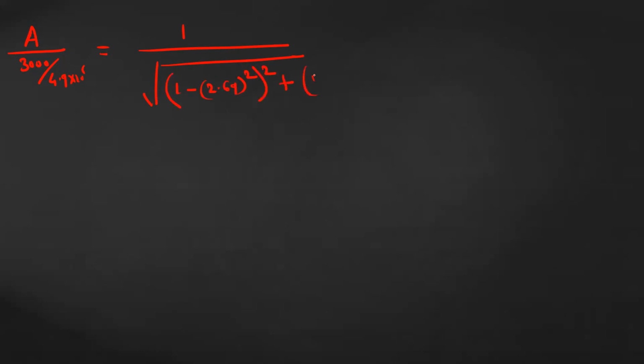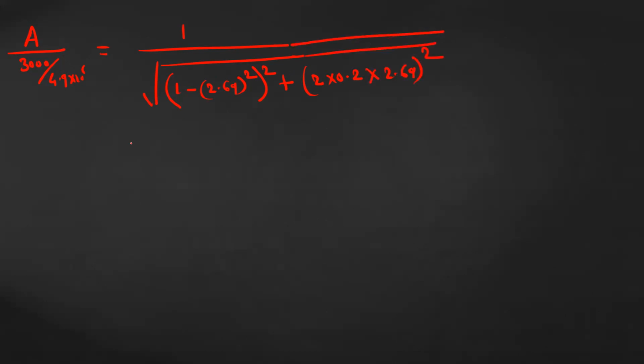A upon F0 upon K, which is 3000 upon 4.9 into 10 to the power 6, is equal to 1 upon the square root of (1 minus 2.69 square) bracket square plus (2 into zeta, which is 0.2, into 2.69) bracket square.